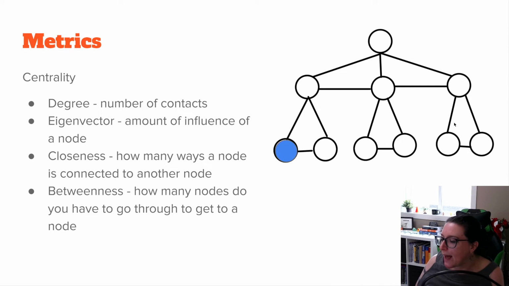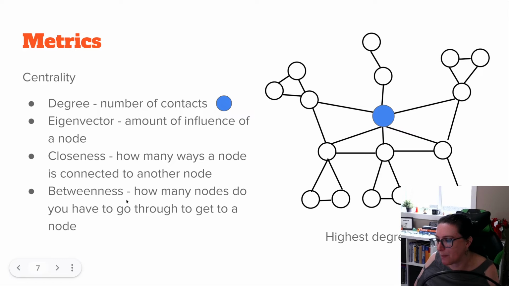And we would look at then in terms of how many contacts different people have. We would look at how much influence they have on other nodes. We look at how many ways a node is connected to another node, right? How many people do you have to go in between? These are different metrics for centrality. So let's take a look at some of them. Let's start with number of contacts.